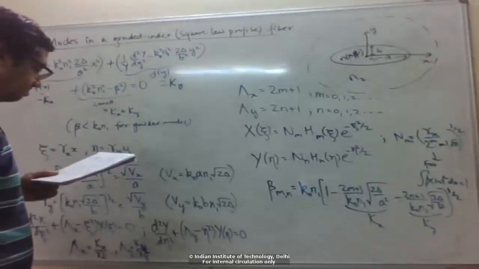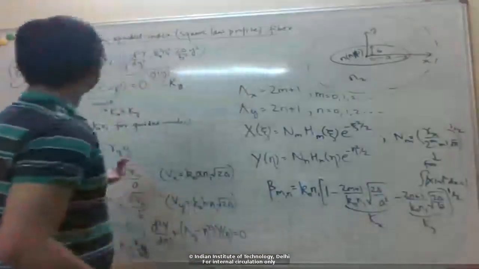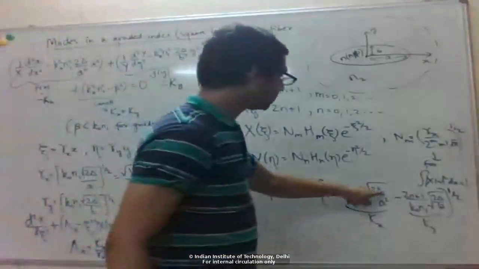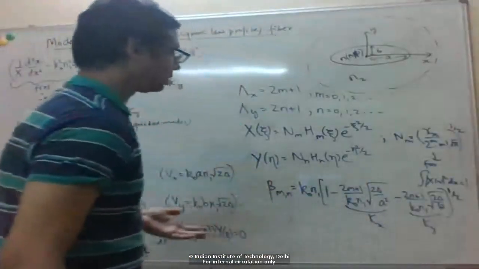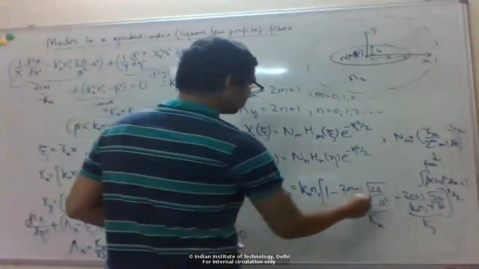So again, right, if delta is small, which we started with that assumption, right, so this quantity here is small.